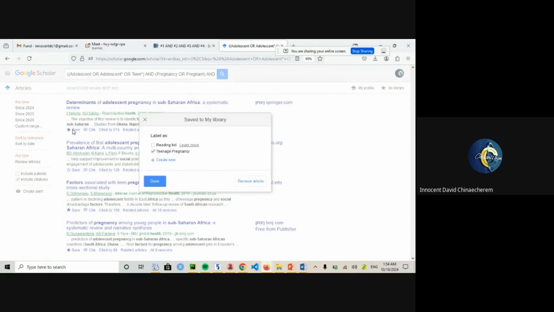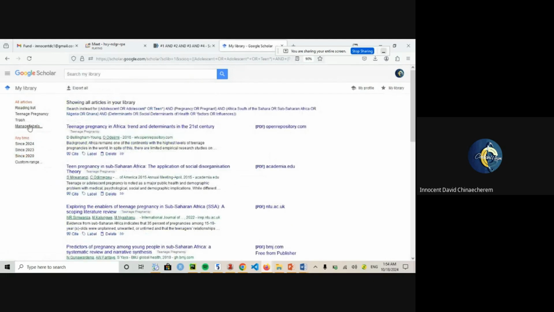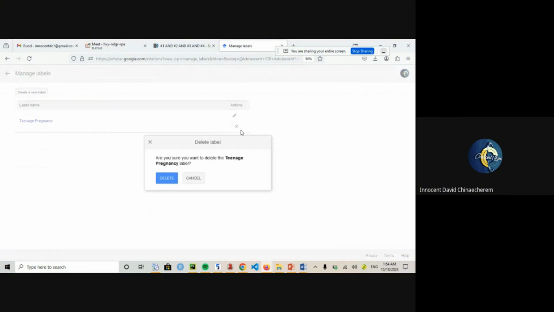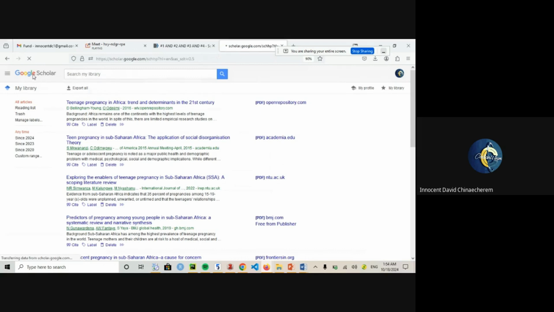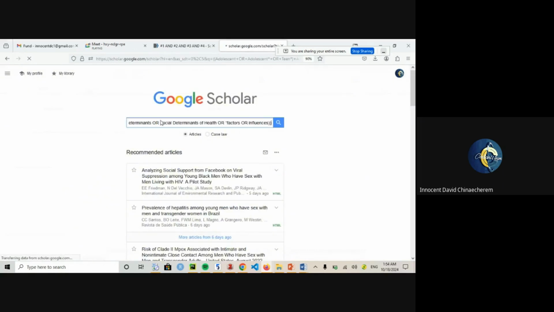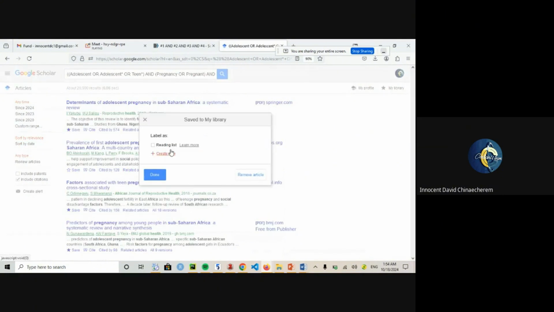So when you click on save, let me start it again. Manage. I'm going to delete that. Okay, cool. So when you click on save, you create a new folder.